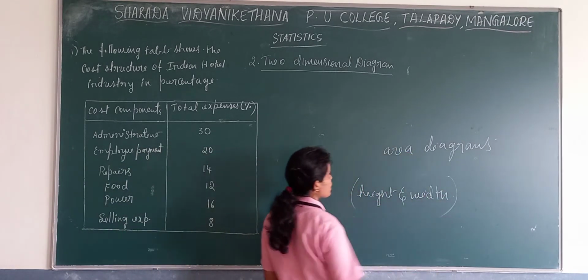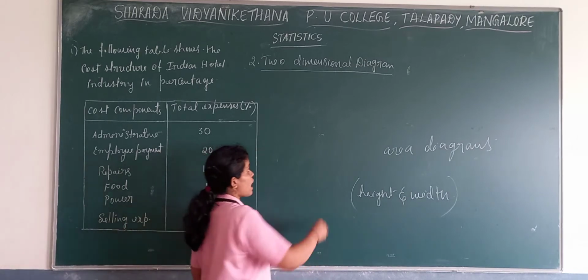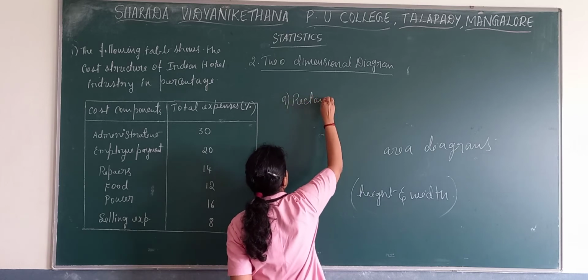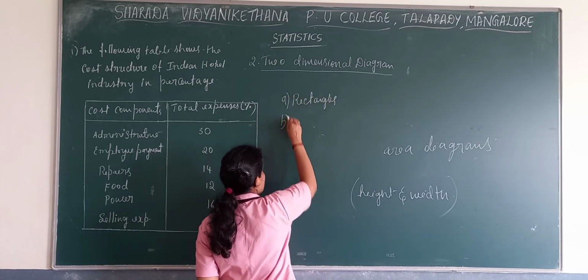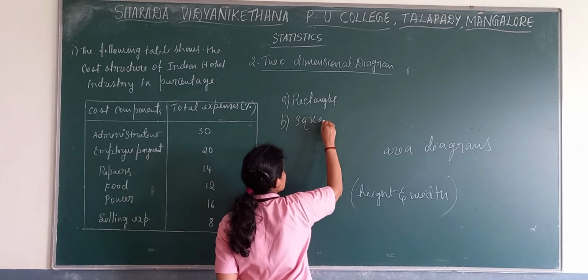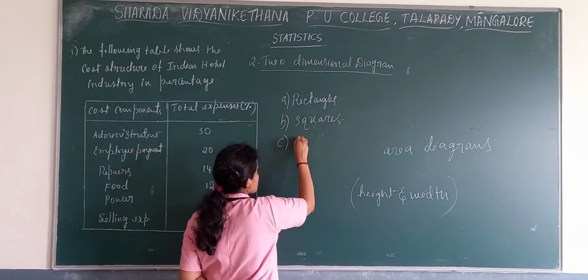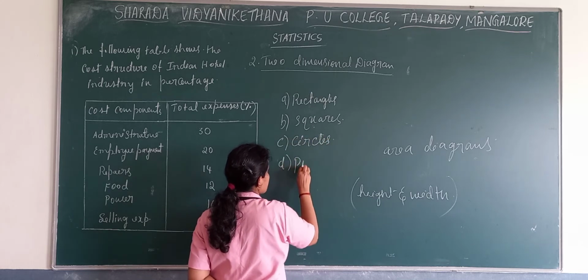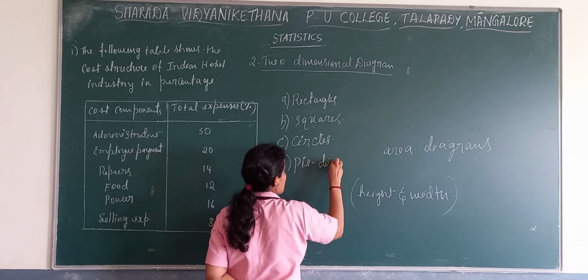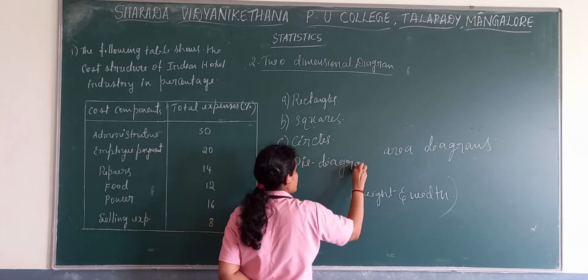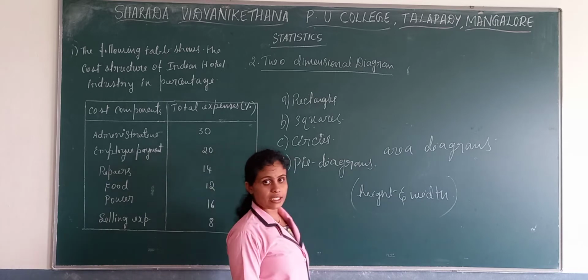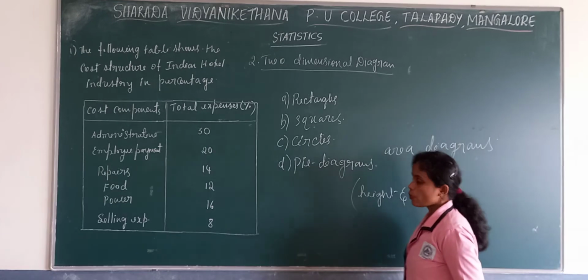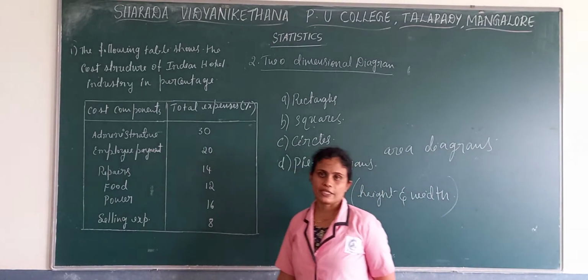So some of the two-dimensional diagrams are rectangles, squares, circles and pie diagrams. So these are the different kinds of two-dimensional diagrams: rectangles, squares, circles and pie diagrams.